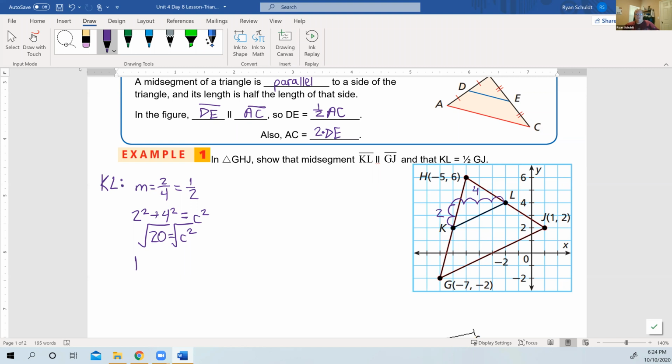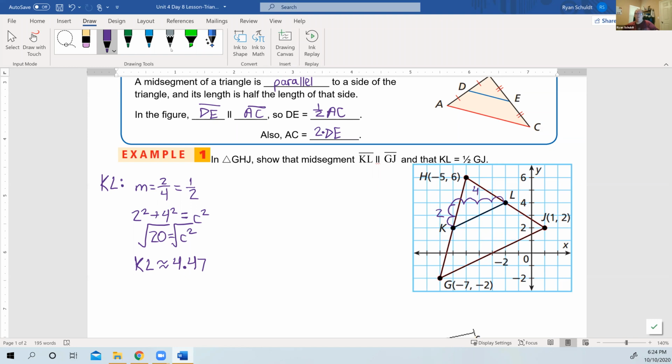So that means KL is approximately equal to 4.47. Okay, so that's our info about KL.